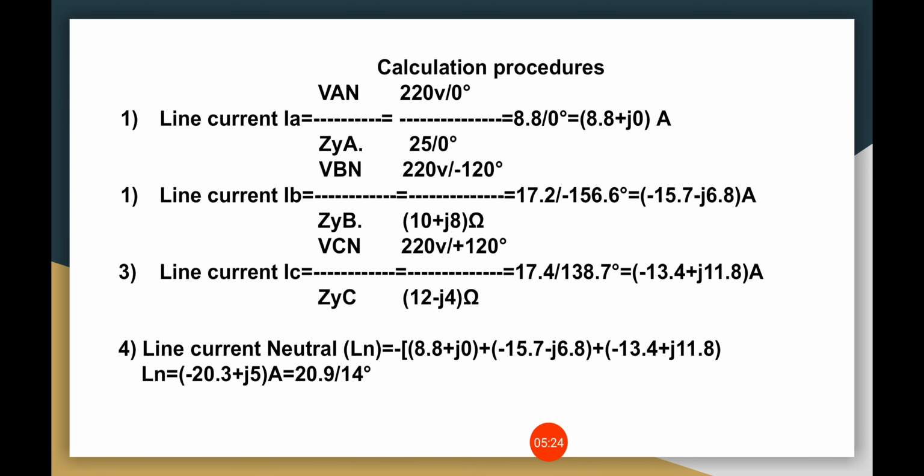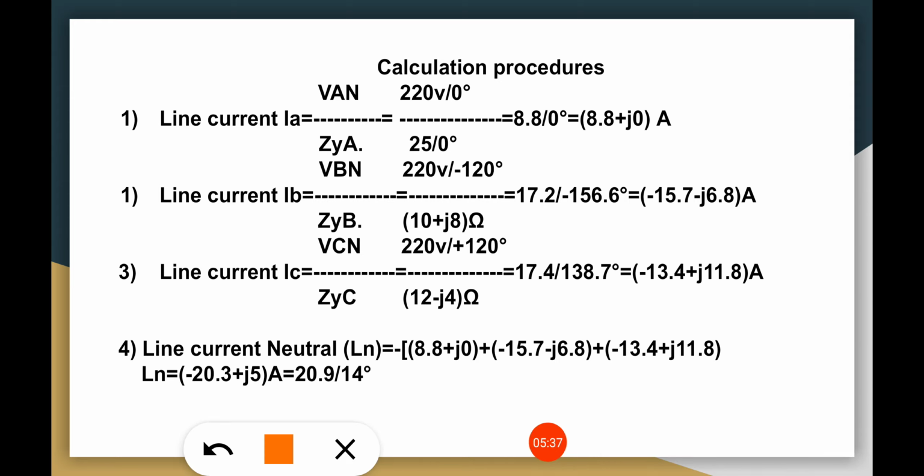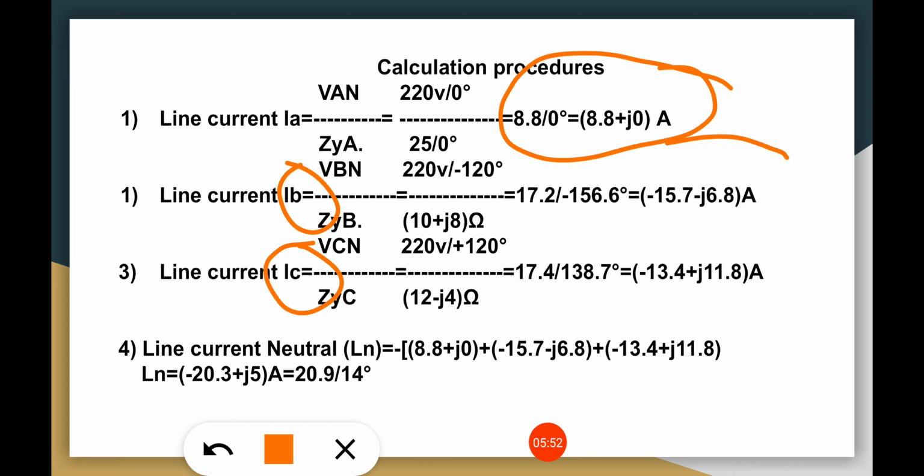Okay, let's substitute those values for the line current IA, which is VAN over ZYA. So we have 220 at zero degrees divided by the resistor, and you get all these complex numbers in magnitude and phase angle. Same thing with IB and IC. You can just compute.